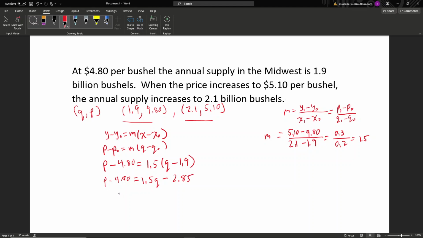Then add the 4.8 to both sides. You get p equals 1.5q plus 4.8 minus 2.85, so plus 1.95. That would be the supply equation, and that's actually part A for that question.